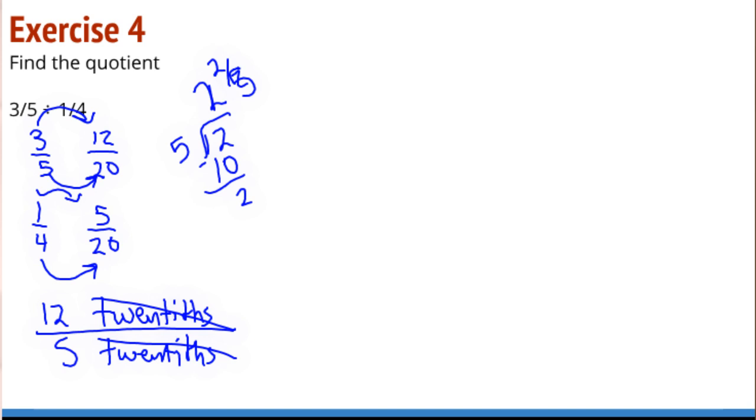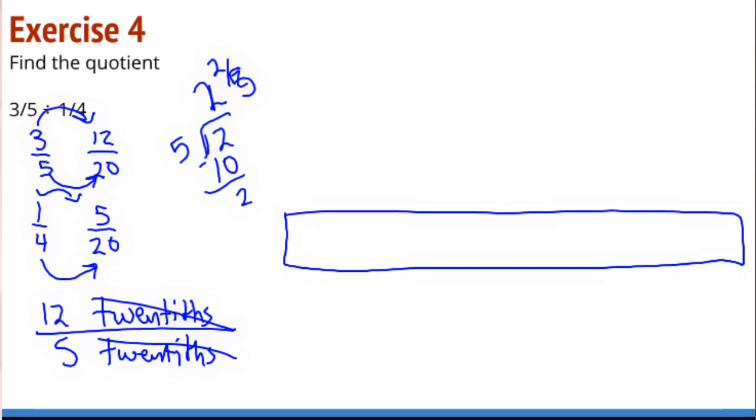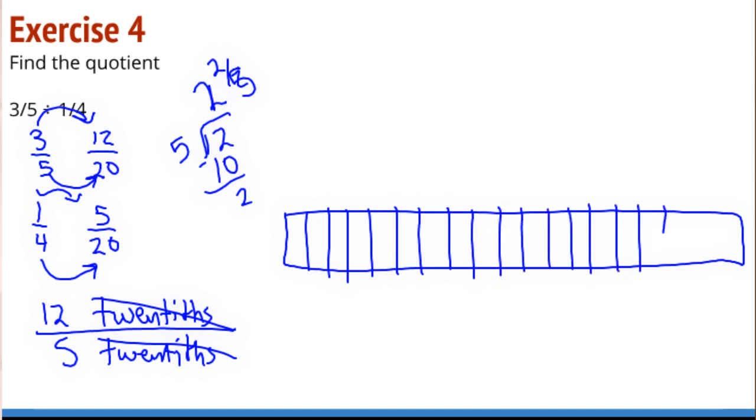And I could draw a model of this with some 20ths. 1, 2, 3, 4, 5, 6, 7, 8, 9, 10, 11, 12, 13, 14, 15, 16, 17, 18, 19. It's a lot. All right, and it says that I've got 12 of them because it's 12 20ths. 1, 2, 3, 4, 5, 6, 7, 8, 9, 10, 11, 12.